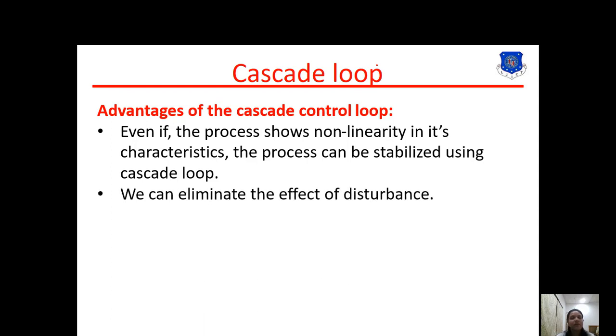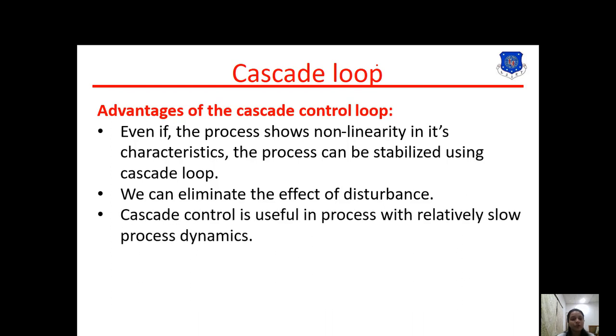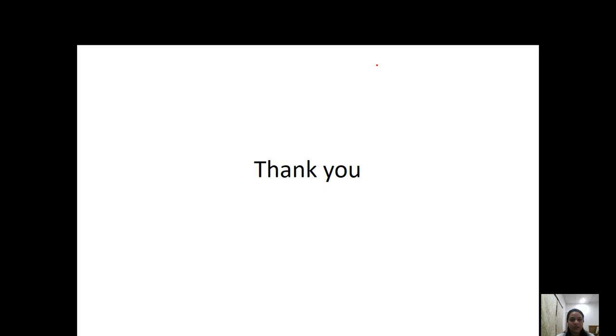Next, we can eliminate the effect of disturbance, because here more than one loop is controlling, so we can eliminate or reduce the noise of the system. Cascade control is also useful in processes with relatively slow process dynamics. So these are some advantages of the cascade loop.